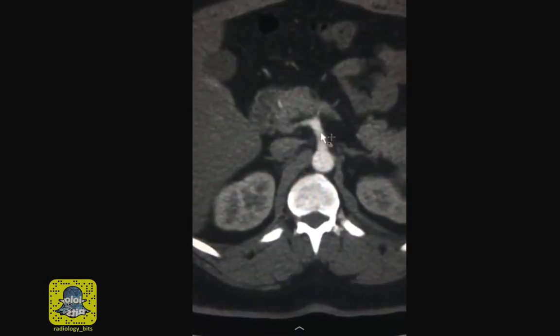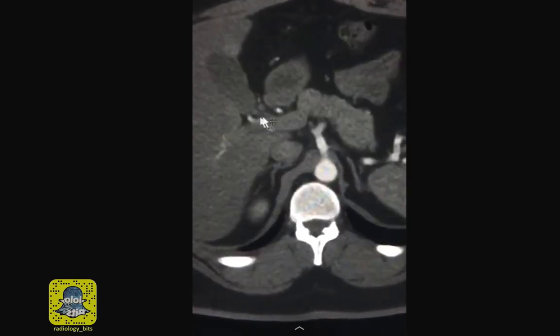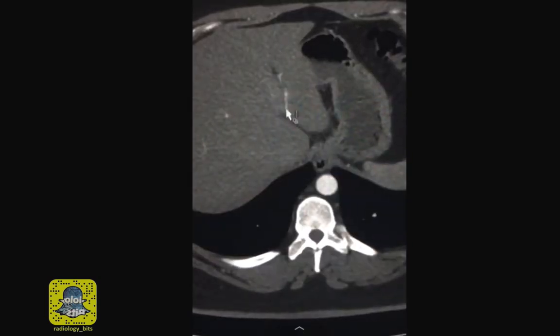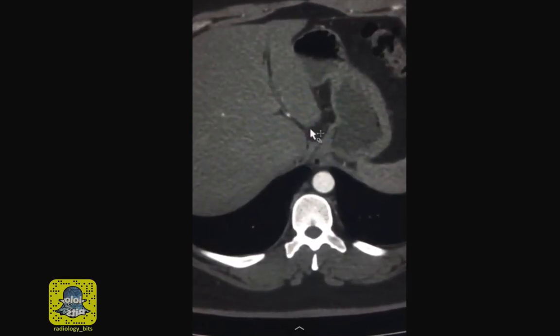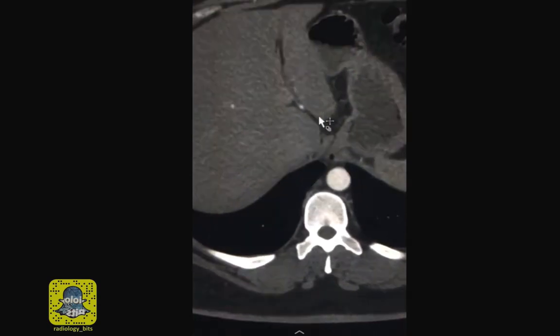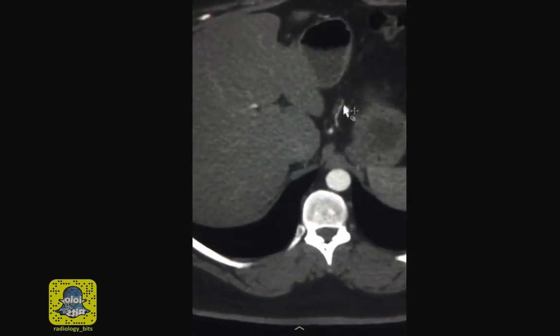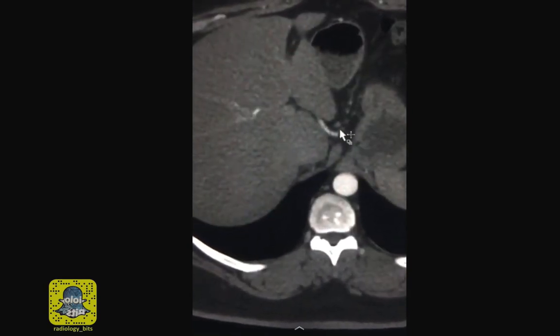In this case, if you follow the celiac, the hepatic artery, you'll notice that you only have a right-sided hepatic branch. However, the left-sided hepatic branch arises differently high above here and runs within this fissure here. So if you follow it all the way back, you'll notice that it arises from the left gastric artery instead of arising from the hepatic artery.